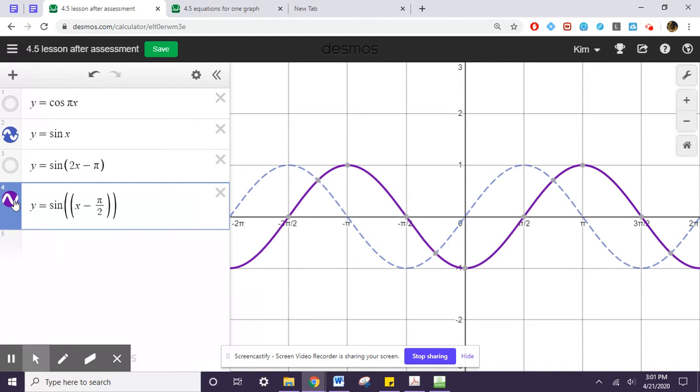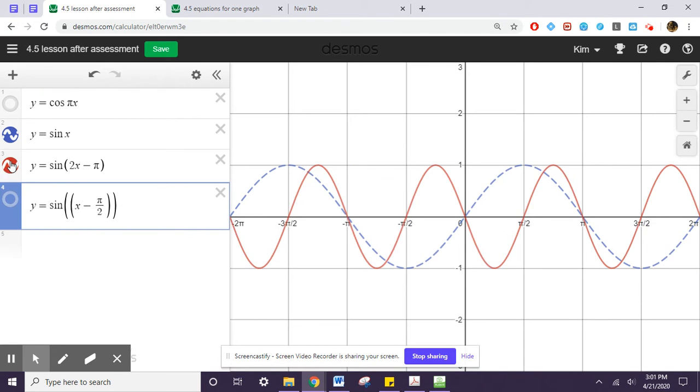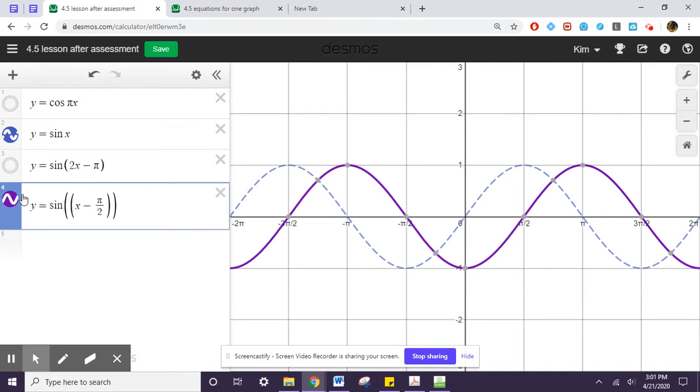And then when you go to do the horizontal shrink, you're going to end up with this graph, but the y-intercept is not what remains the same. It's not the anchor point. Okay, and when I taught you horizontal stretches and shrinks, we always started at the y-intercept. So if you want to do the horizontal shift first, your anchor point is not the y-intercept.